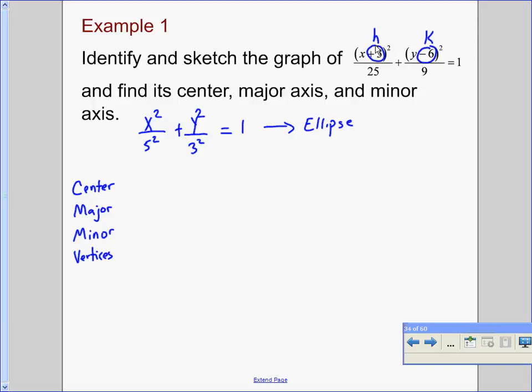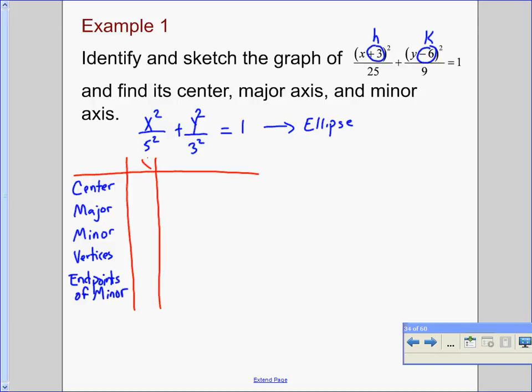And then the other ones are going to be the endpoints of the minor axis. If we find all of those things, then we should have enough information to sketch a graph. For each one of those, we're going to be finding an x or a y. Sometimes it's an equation, and sometimes it's just a point.